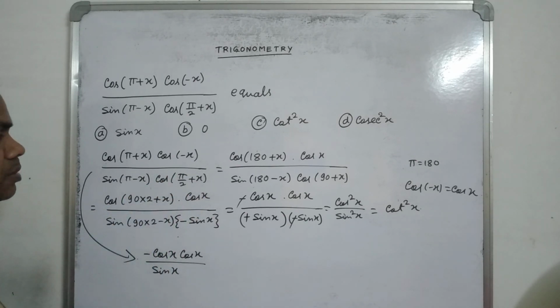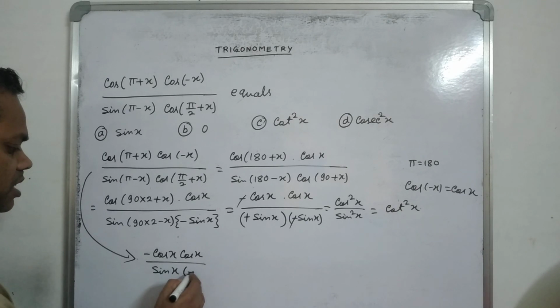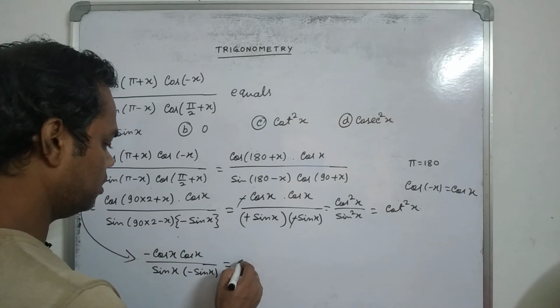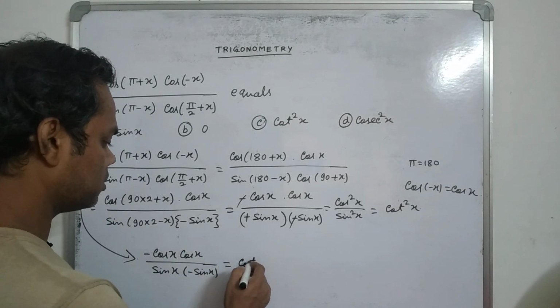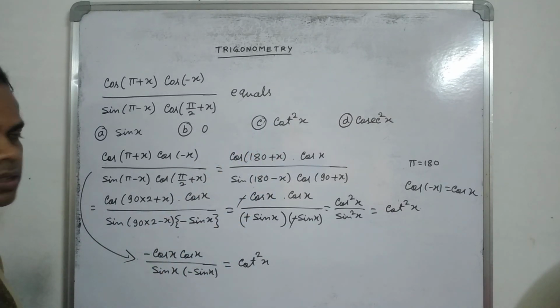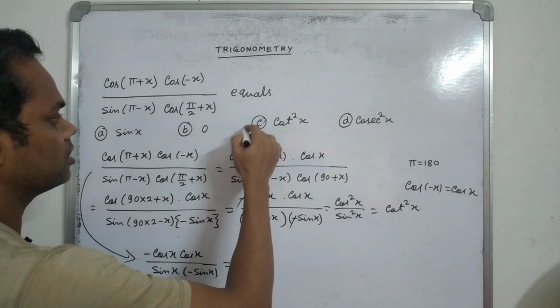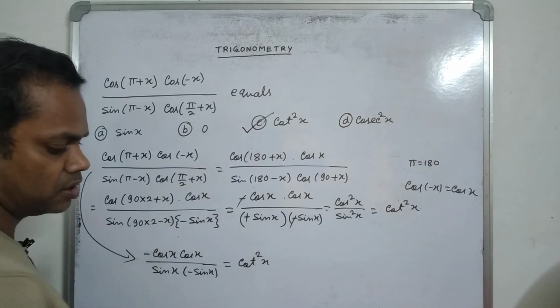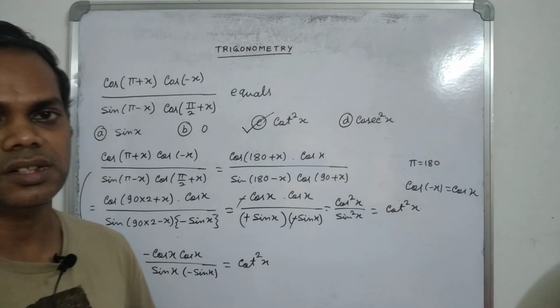Cos(pi by 2 plus theta) is equal to minus sin theta, so this is minus sin x. Then directly we can find this is cot square x. So you can use this way or the other way, and the result is cot square x. In the next video on this topic, we discuss a few more sums.